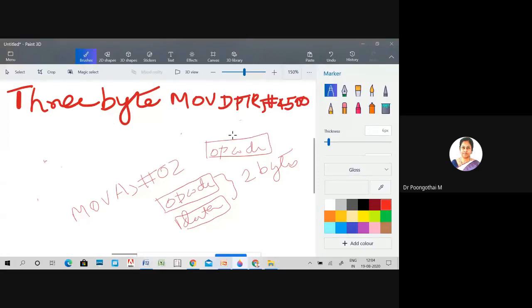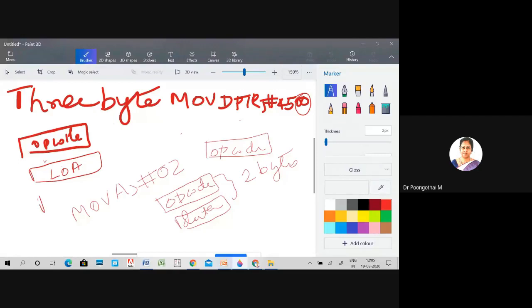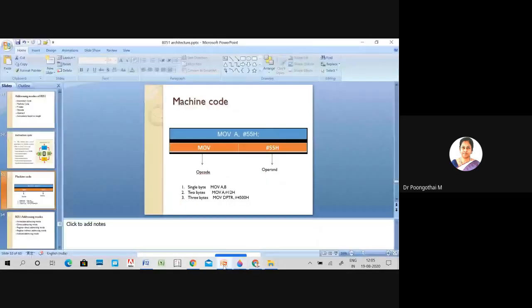For this instruction, 1 byte is allocated for opcode. And next 1 byte is for your lower order address. Next byte is for higher order address. Totally it takes 3 bytes. So these instructions are called 3-byte instructions. Is it clear?